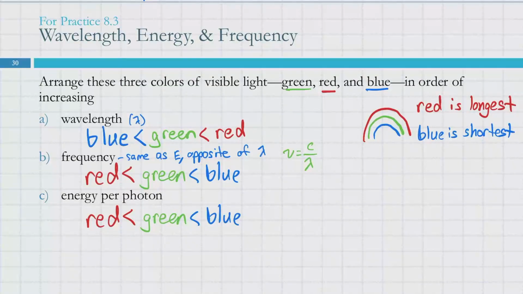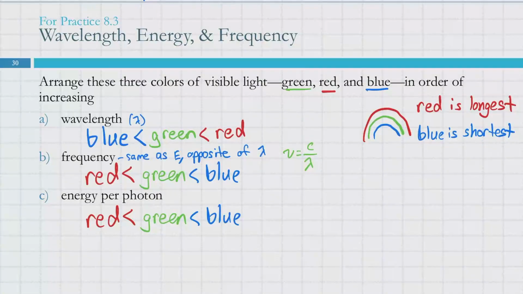All right, if I give you a question and I ask you for which color in the visible light spectrum is the most, and I give you just most of anything, and I give you the options of green, red, and blue, there's one of these that you should never pick. What's the color that you should never pick? It's green, because green is always in the middle.